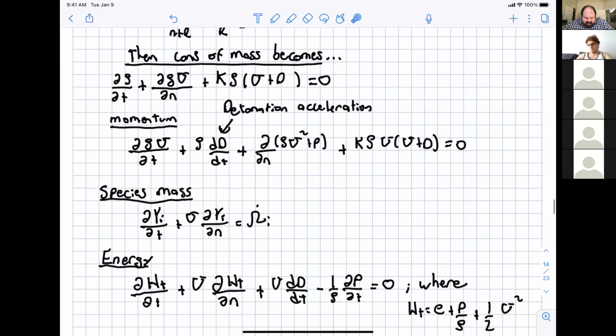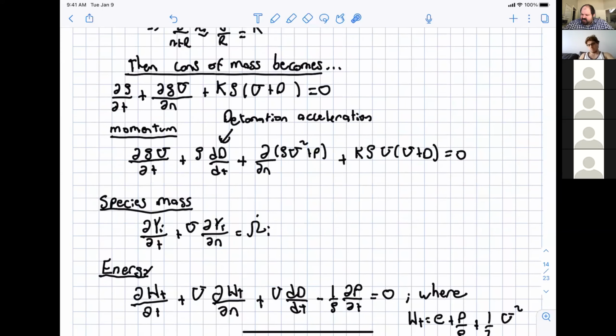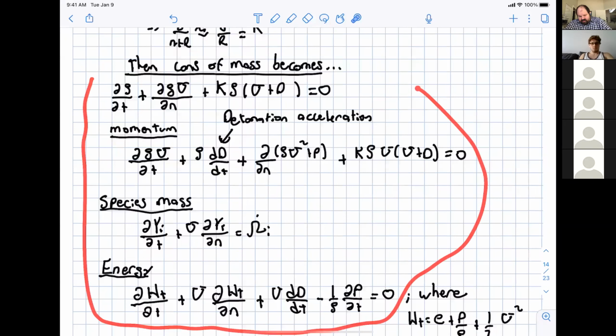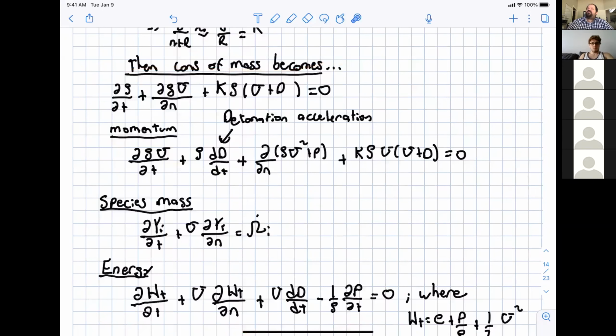Okay, but basically what these equations here are is that if you do the procedure for planar detonations and cast them into primitive variable form, you can actually get versions of the ODEs that can be used to describe the structure of a curved detonation.